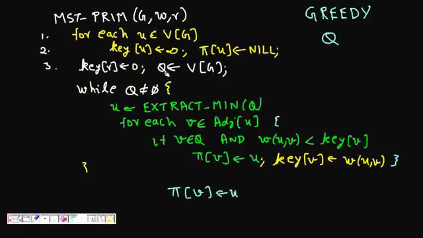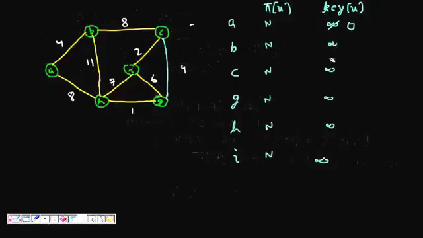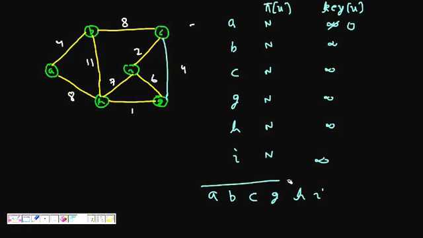Then we include all the nodes in the queue. So we have A, B, C, G, H and I in the queue.